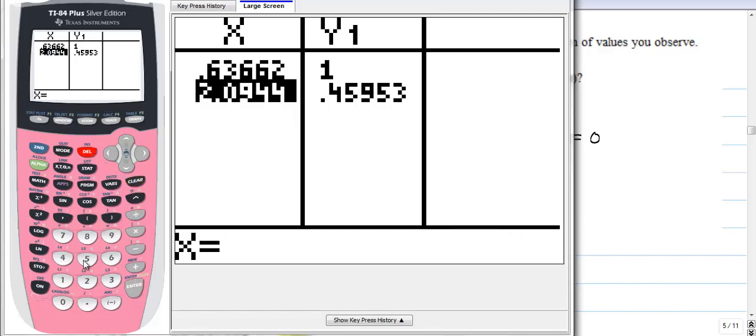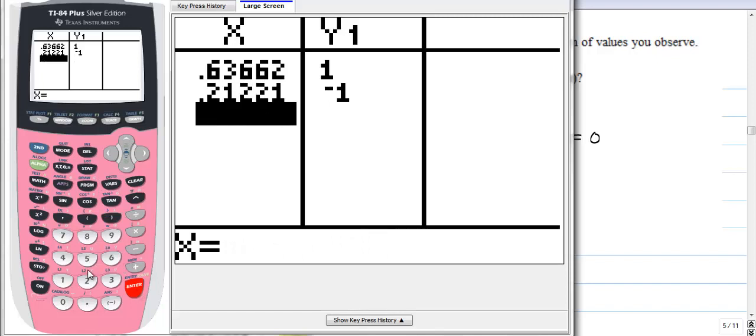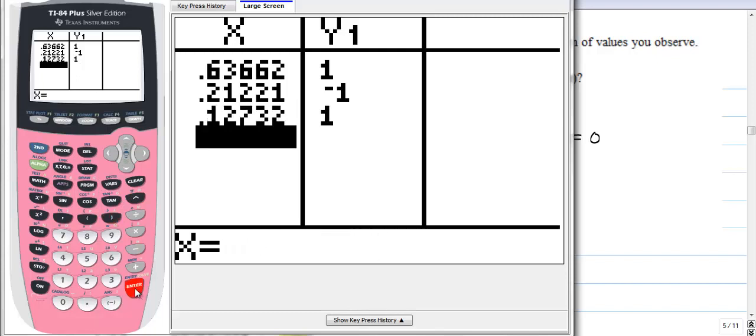That's tricky. It's 2 divided by, and then in parentheses, 3 pi, because you want it to multiply. So then 2 divided by parentheses 5 pi. And then 2 divided by 7 pi. Get carried away. It's kind of exciting.